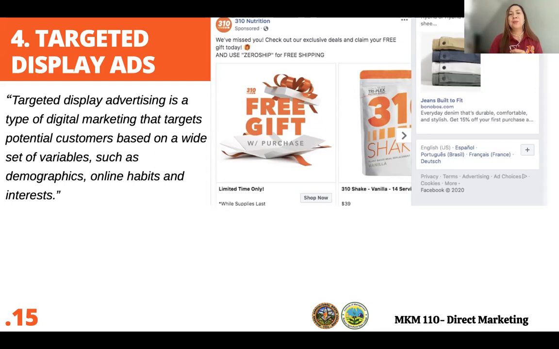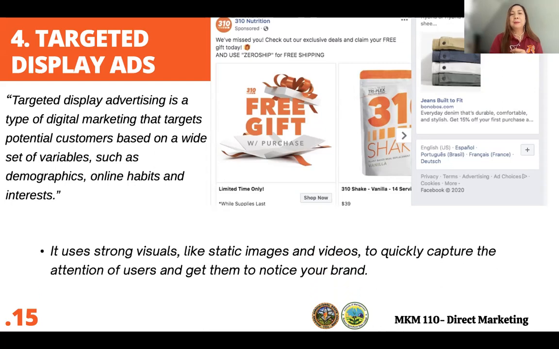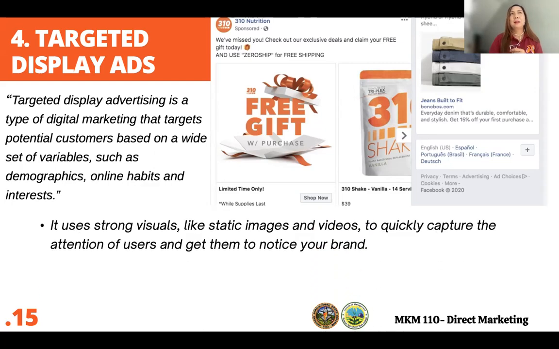They have sponsored display ads every now and then, and even on other websites that would promote more. It uses strong visuals like static images and videos to quickly capture the attention of users and get them to notice your brand.